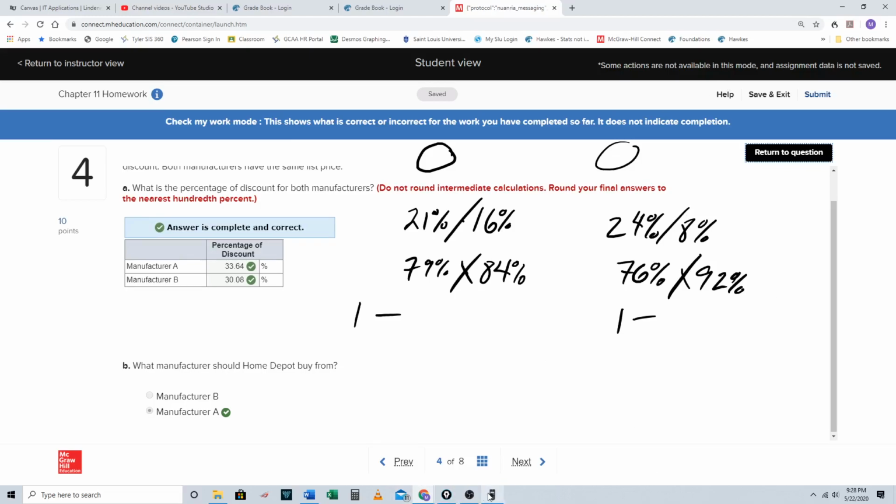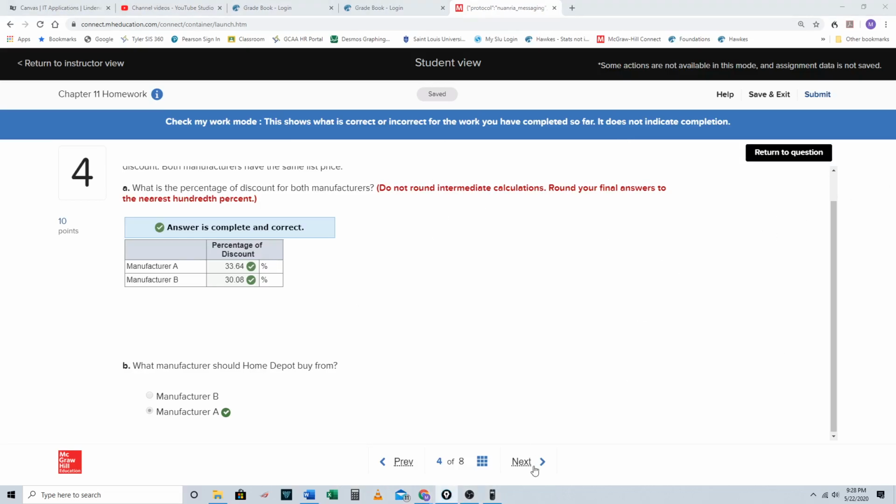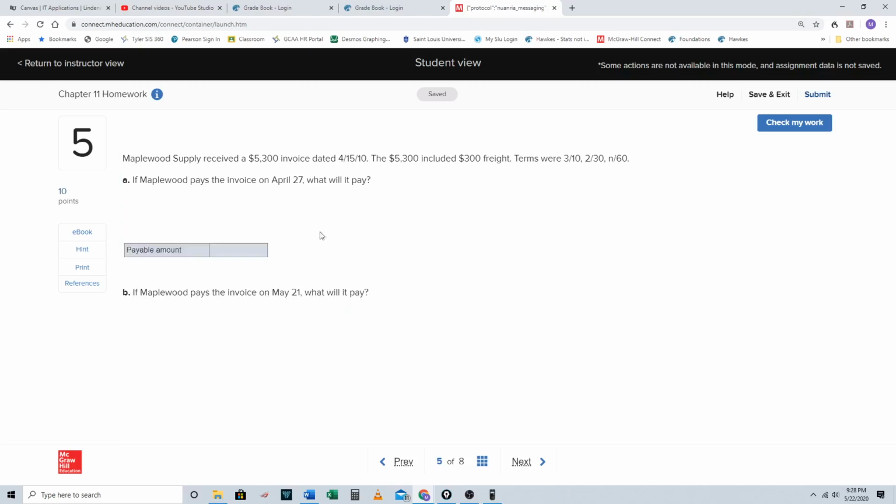Let me clear this. Click clear. Okay, so here we're talking about, again, invoicing discount terms. So this gets really confusing unless you watch that video. So Maplewood Supply received an invoice of $5,300 dated for 15/10.